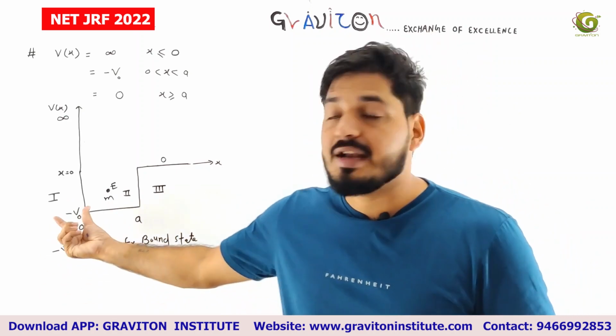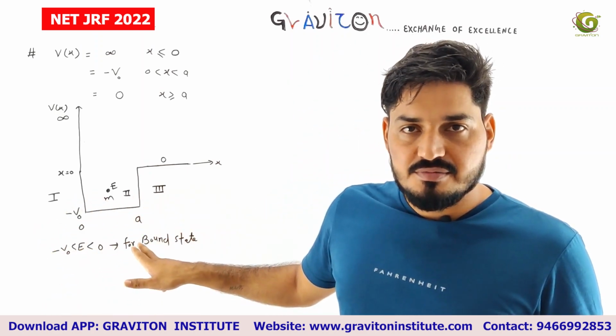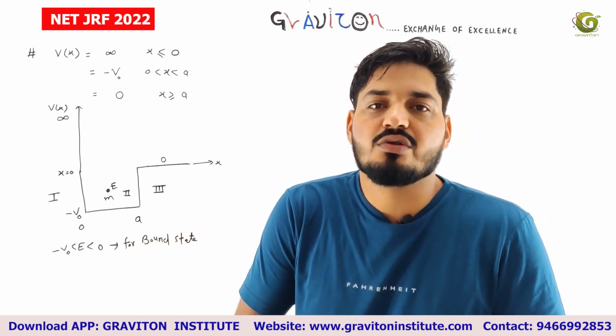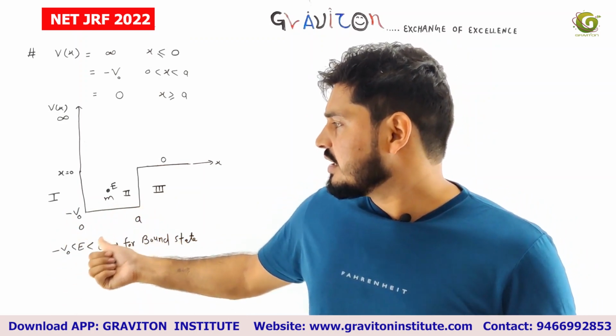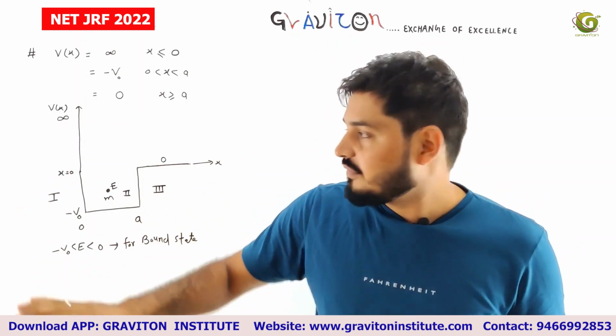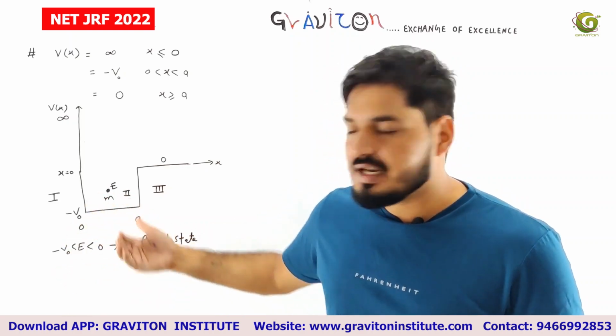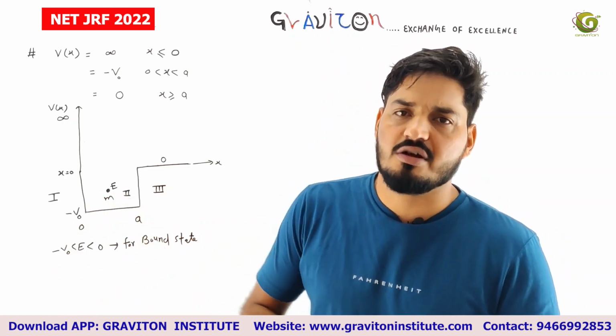That means we'll find the different wave function in all these three regions. So let's try to find those wave functions. Very simple, you can easily write down the Schrodinger equation for every region and easily solve it. I'm directly writing the wave function because you know these kinds of solutions.